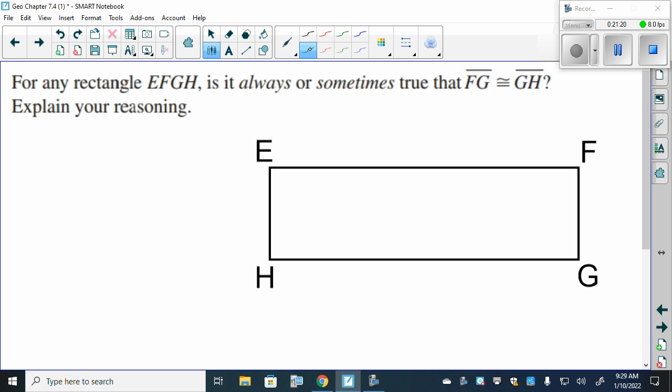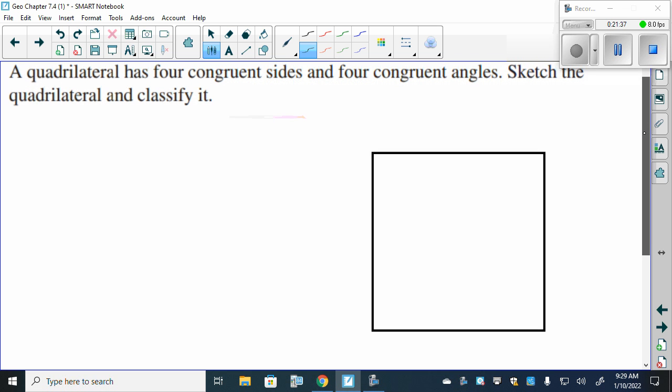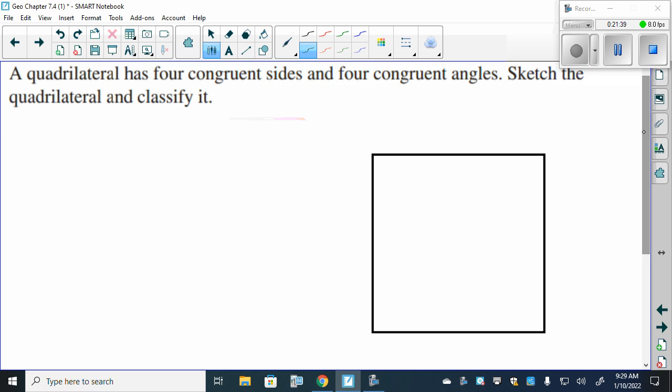All right. Any questions on any of this here, what we've done so far? No, because we've had a question like this already. Sketch a quadrilateral. A quadrilateral has 4 congruent sides and 4 right angles.